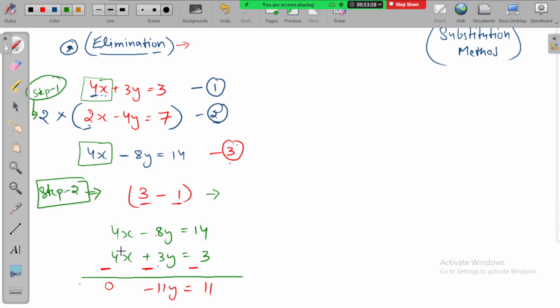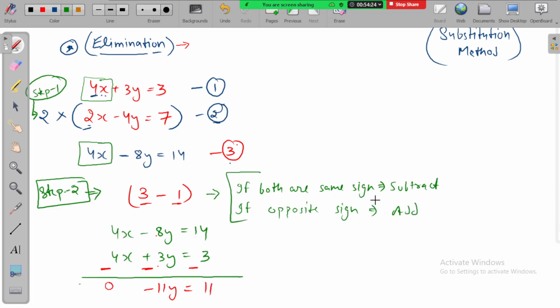By subtraction. So if both have the same sign, then we subtract. And if they have opposite signs, then we can add them. That's how you decide step number 2.